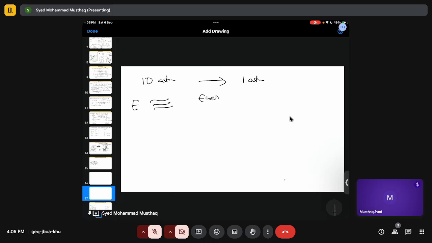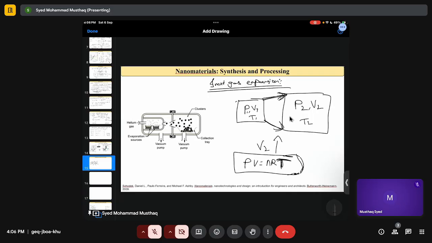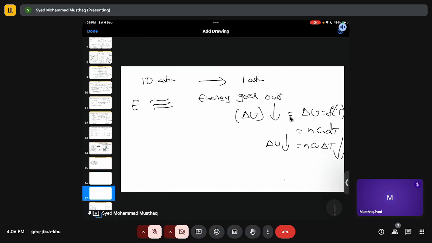Whenever the internal energy drops, and internal energy is a function of temperature, because it is nCv delta T, whenever delta U goes down, temperature also will drop.